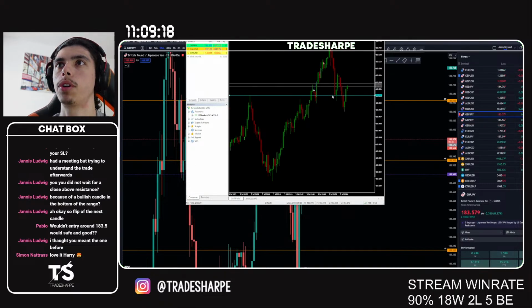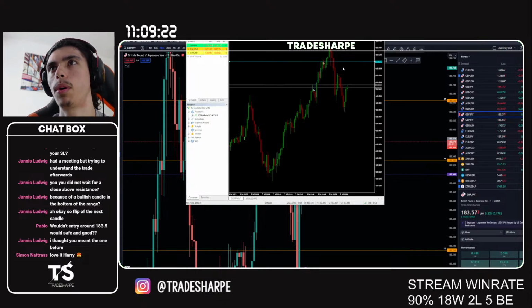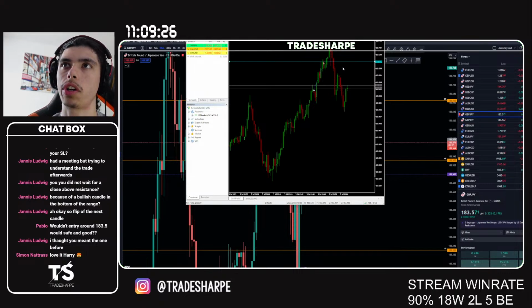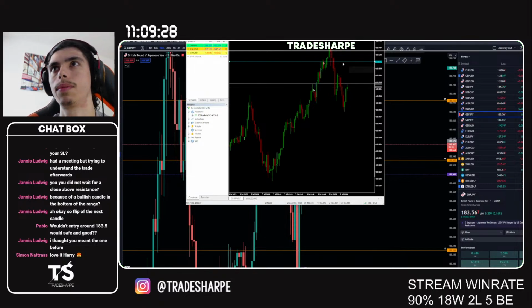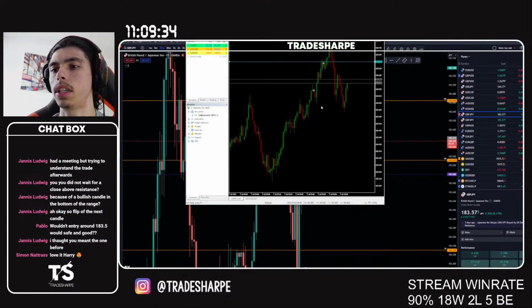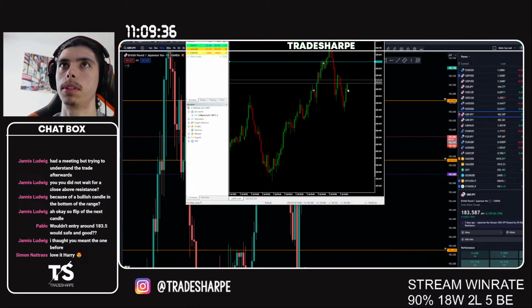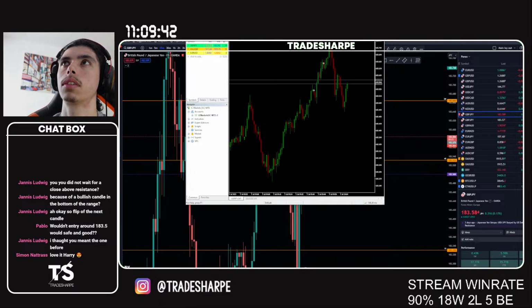If I had put a line like this above here, then I probably would have waited for this candle to close above, but I did not have this line up here. So that encouraged me to close. I should have checked it on this monitor instead of looking on this monitor. That was my mistake.